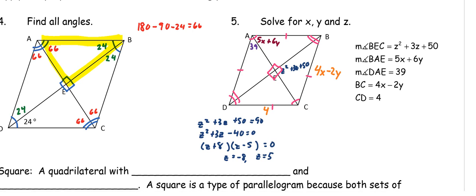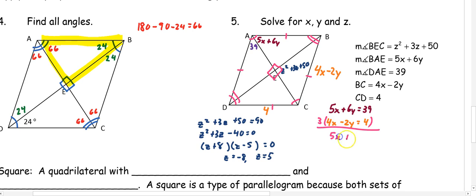Then I need to solve for x and y, and I notice that I have two equations with both x and y, so it's going to be a system. So I know that the angles were bisected, so I have 5x plus 6y equals 39. And I know that my sides are congruent, so I have 4x minus 2y equals 4. So to eliminate one of my variables, I'm going to multiply the second equation by 3.